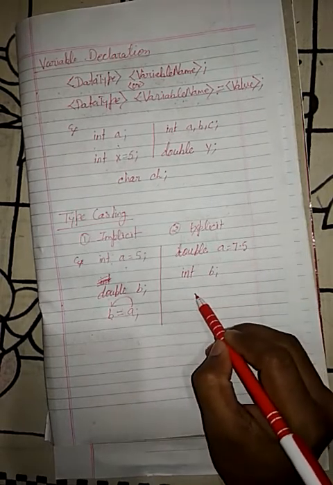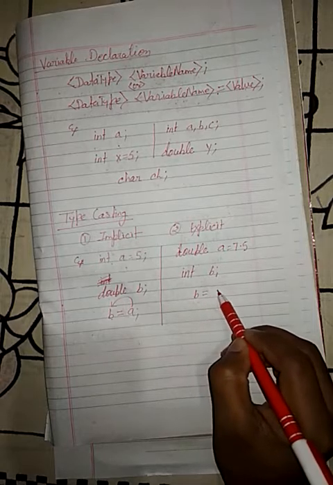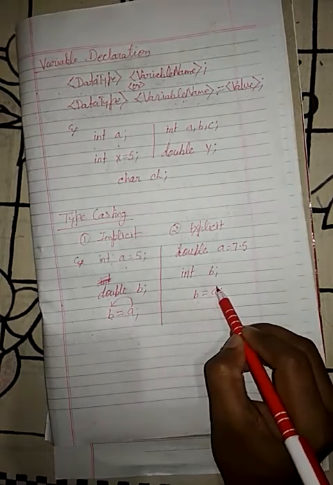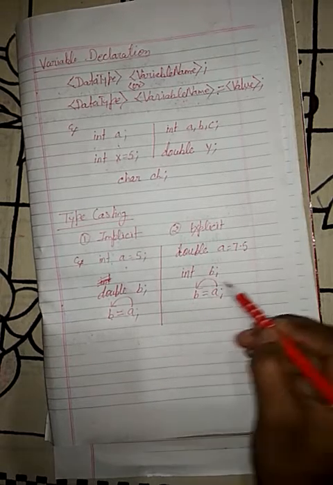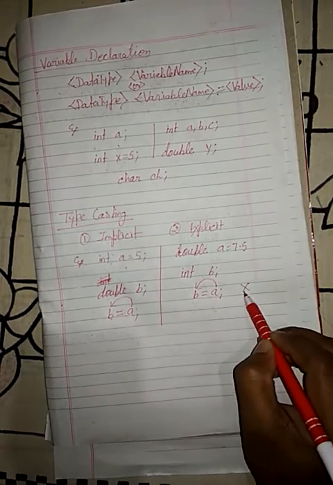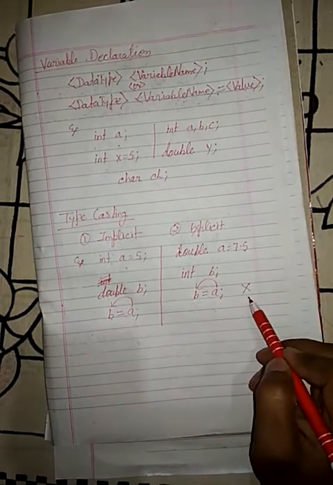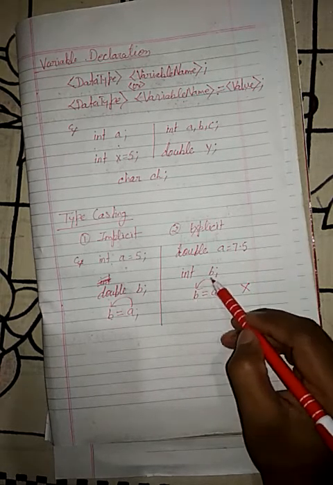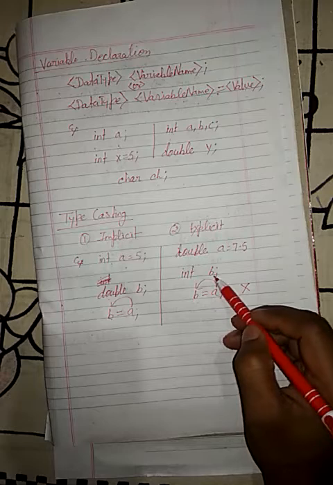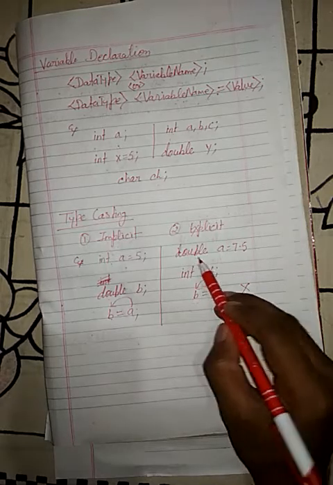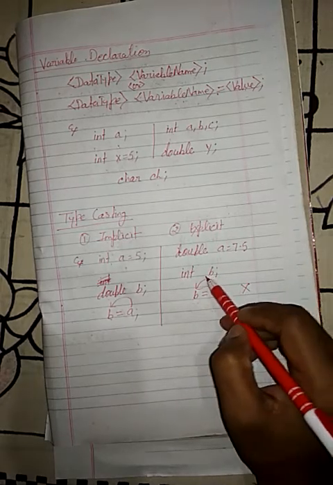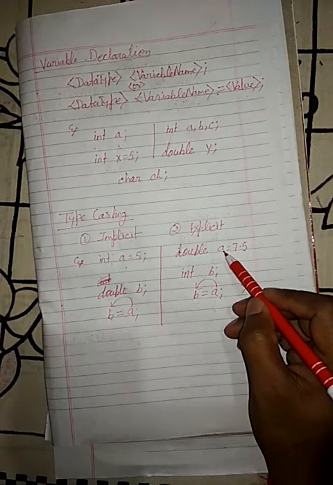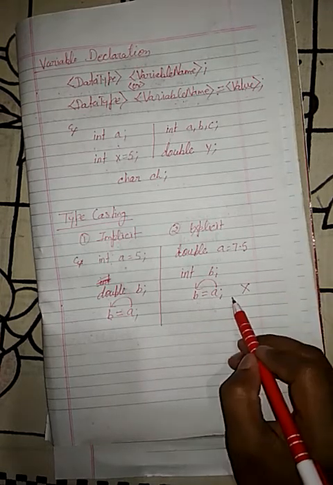If I write b is equal to a, it means I want to store a into b, but this is not possible. This is wrong because a is a decimal value and b is a non-decimal value. It means b is integer type and a is double type. So an integer variable cannot store a double value.